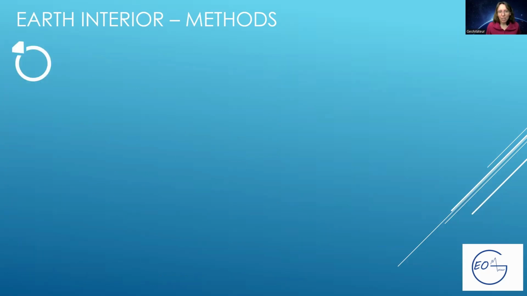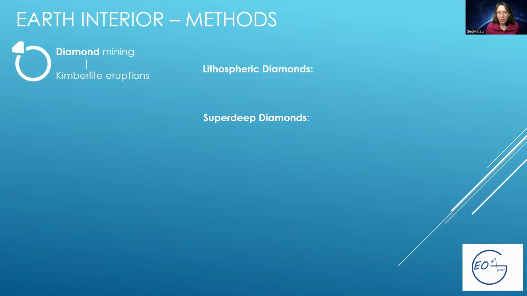Some direct samples of Earth interior are provided by diamonds. Diamonds that reach the surface thanks to kimberlite eruptions, and there are two types of diamonds: lithospheric diamonds and super deep diamonds.